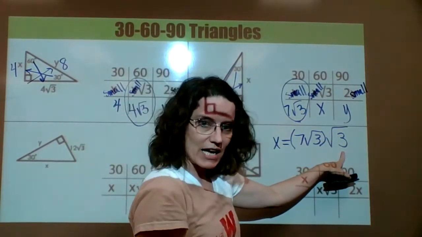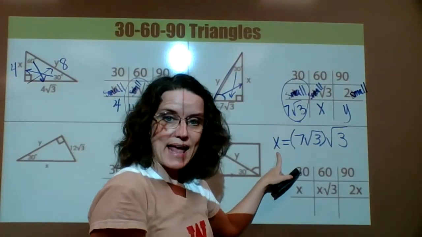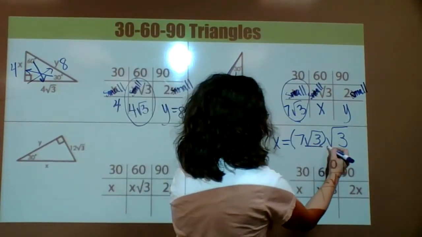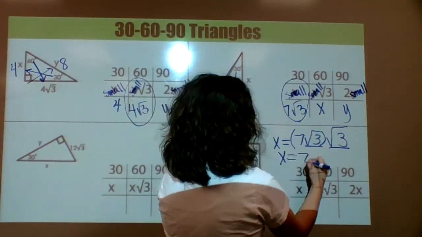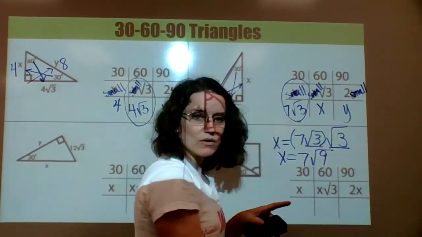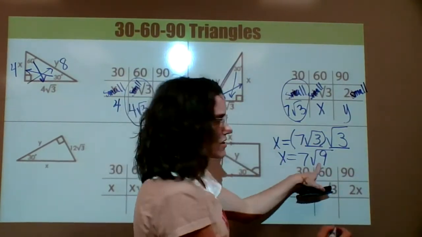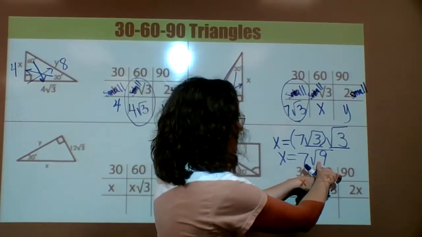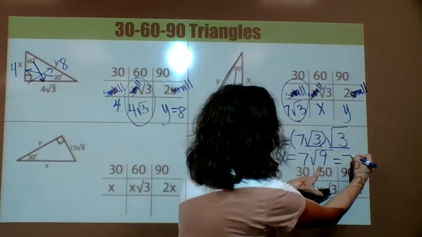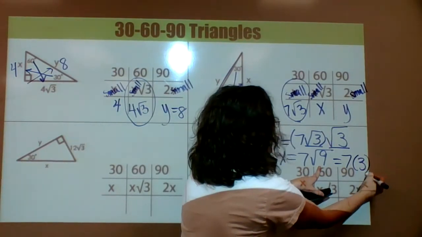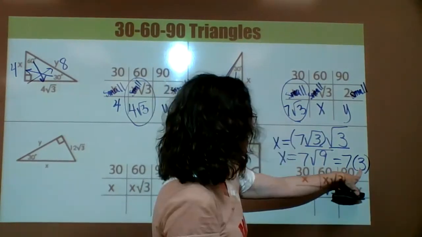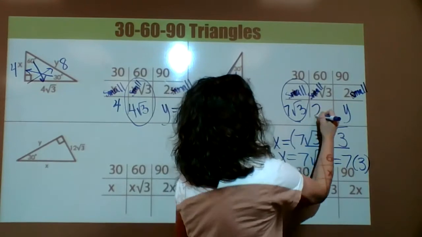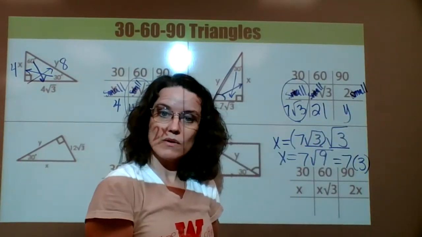And now I have to times it by root 3 to get x. So I'm going to take root 3 times root 3, and that equals 7 times the square root of 9. But the square root of 9, aha, that one's a perfect square. I can simplify that, and the square root of 9 is 3. And so 7 times 3 will give me x being just the plain old boring 21.